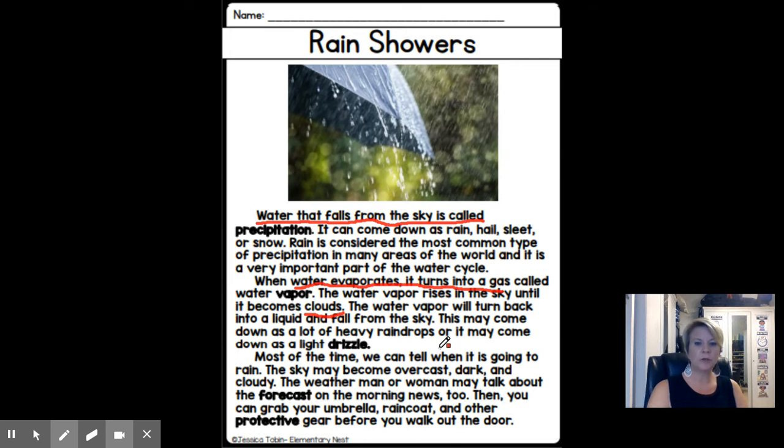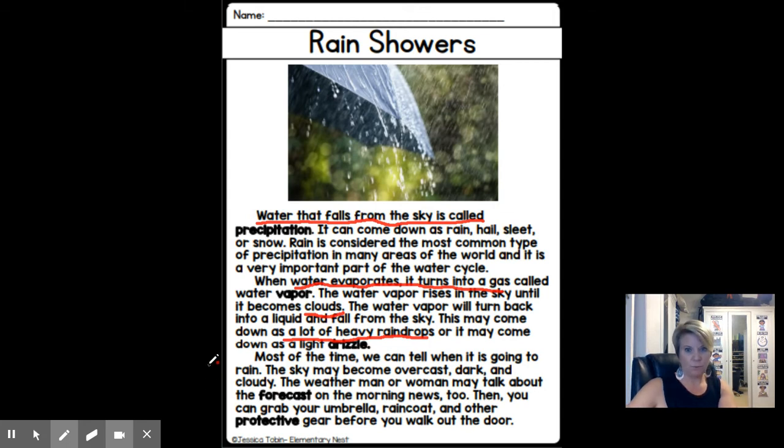Or is going to be a clue word to tell me that it's probably going to be an antonym, because opposites are antonyms, and that or tells me that it can't be a lot of heavy raindrops. So if I know a lot of heavy raindrops is the opposite of drizzle, because or tells me it's an opposite, then I think drizzle must be light raindrops.